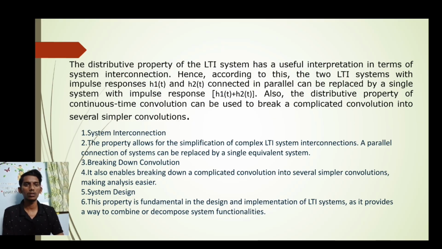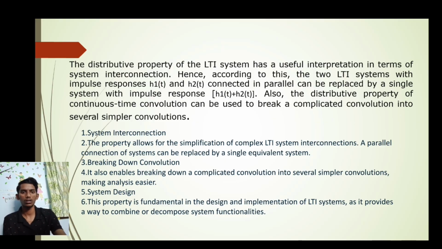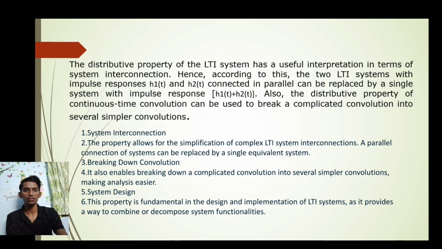Also, the distributive property can be used to break a complicated convolution into several simpler convolutions. First one, system interconnection. The property allows for the simplification of complex linear time invariant system interconnections. A parallel connection of systems can be replaced by a single equivalent system.